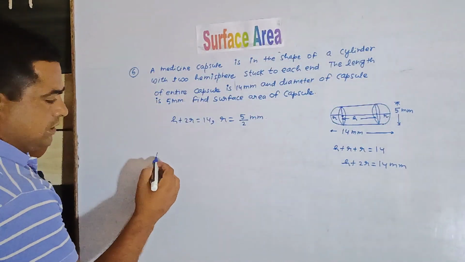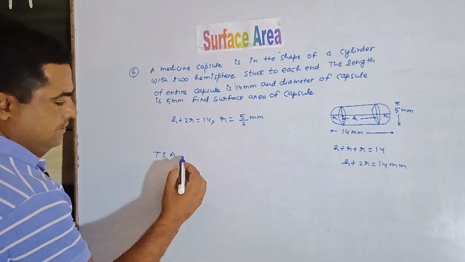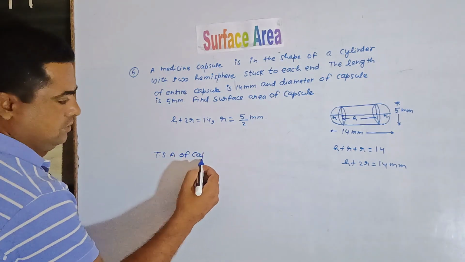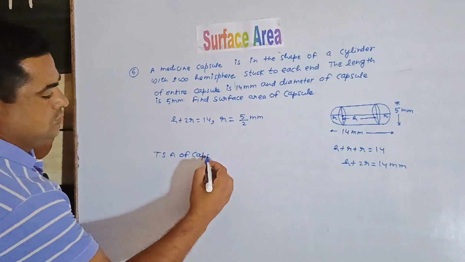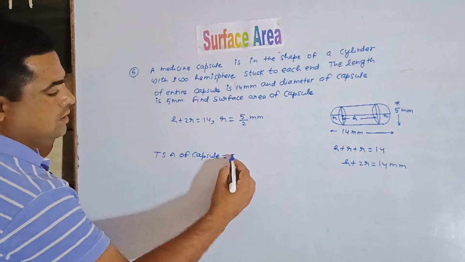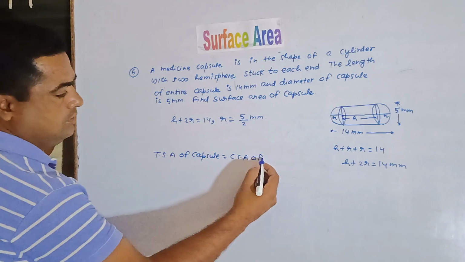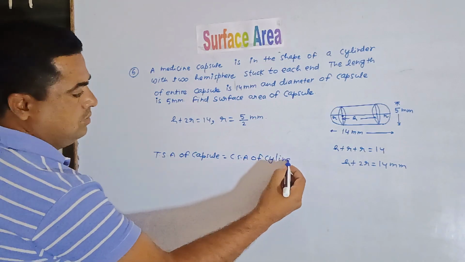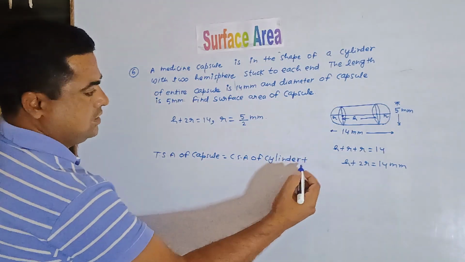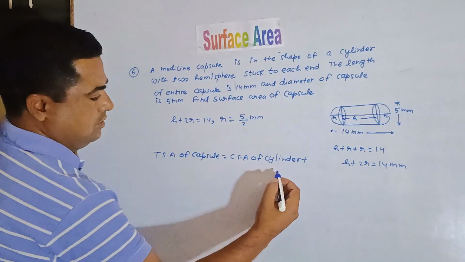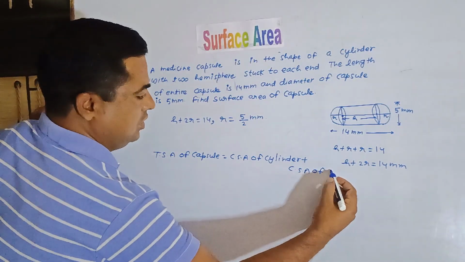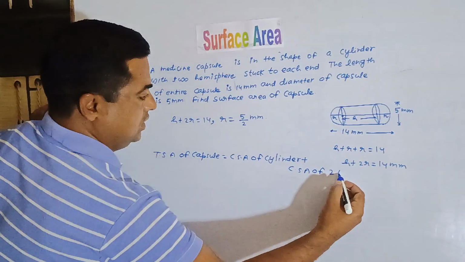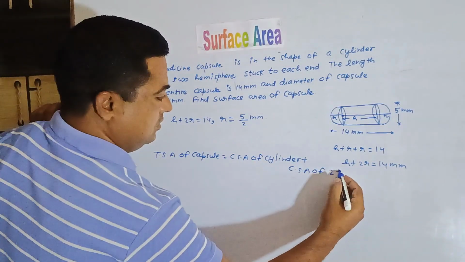Now we will find the total surface area of the capsule. The total surface area of the capsule will be the curved surface area of the cylinder plus the curved surface area of two hemispheres.